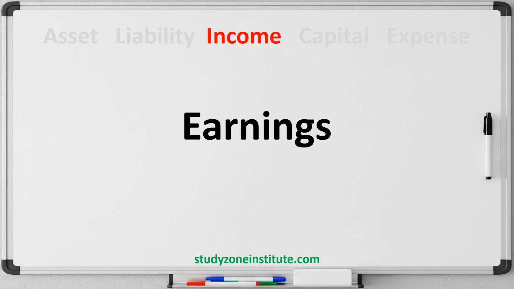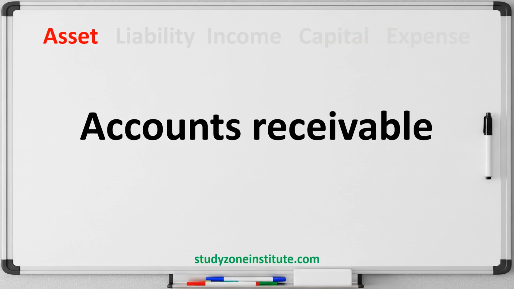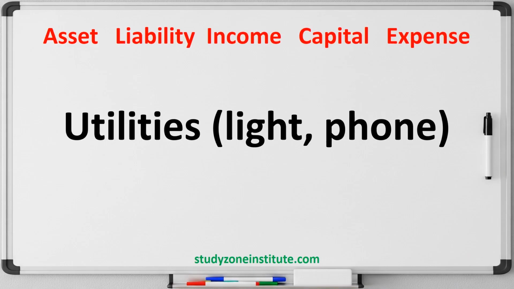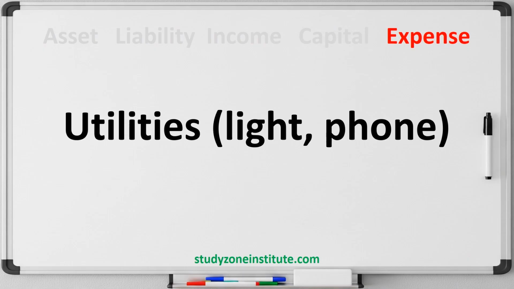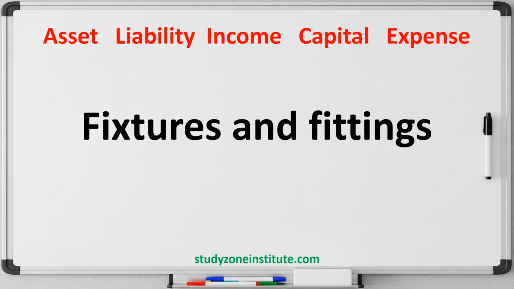Income. Accounts receivable. Asset. Utilities, light, phone. Expense. Loan to pay creditors. Liability. Fixtures and fittings. Asset. Gains.